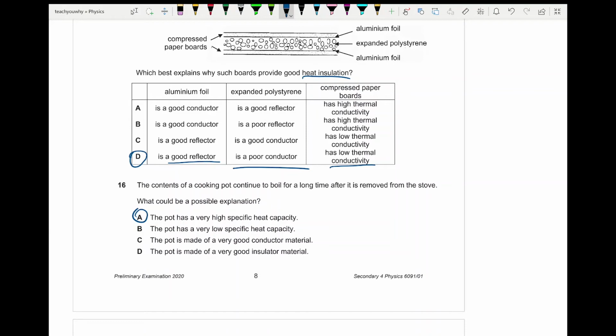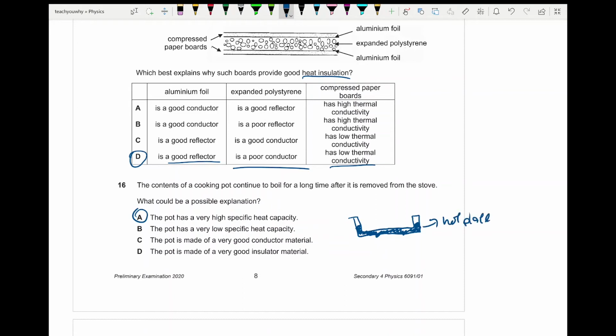So the thing is, if you notice, usually if you eat steak or drink soup, sometimes they serve the steak on a very hot plate. For example, a hot plate.